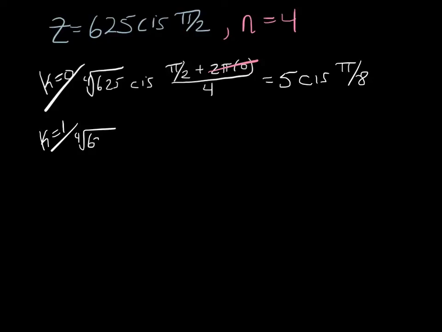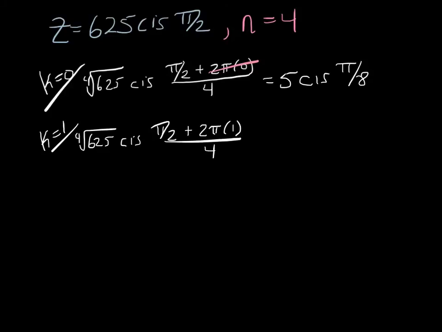Again, fourth root of 625, cis pi over 2 plus 2 pi times 1 over 4. So that is 5 cis. We've got pi over 2 plus 2 pi, that's 5 pi over 2 over 4, which is 5 pi over 8.